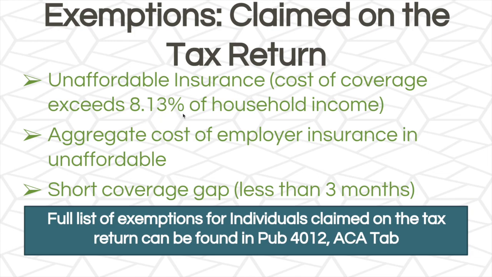Last year I believe it was 8.16. So it does change a little bit year to year. And then also aggregate cost of employer insurance is considered unaffordable. If their employer did offer them coverage but it was unaffordable, they'll qualify for an exemption. And then short coverage gap, which means they went less than 3 months without health insurance, they do qualify for short coverage gap. And a full list of these exemptions are in the Pub 4012 ACA tab.